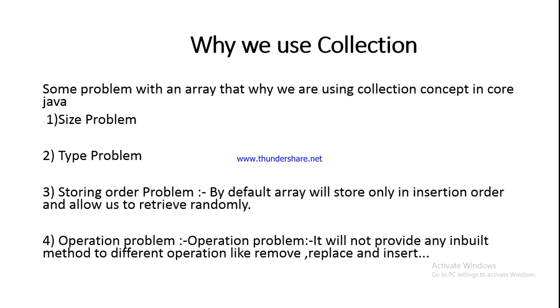And the operation problem means we cannot remove and replace array values in an array. So that's why collection comes in core Java. Why use collection? This is your answer.